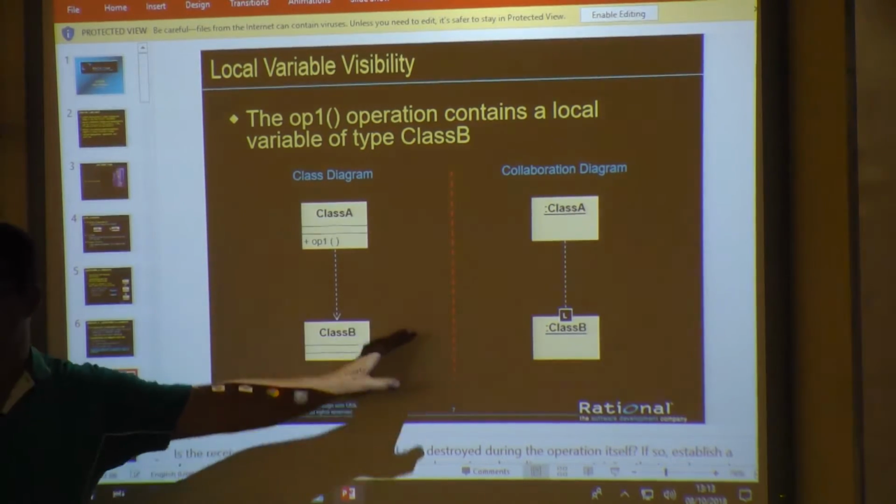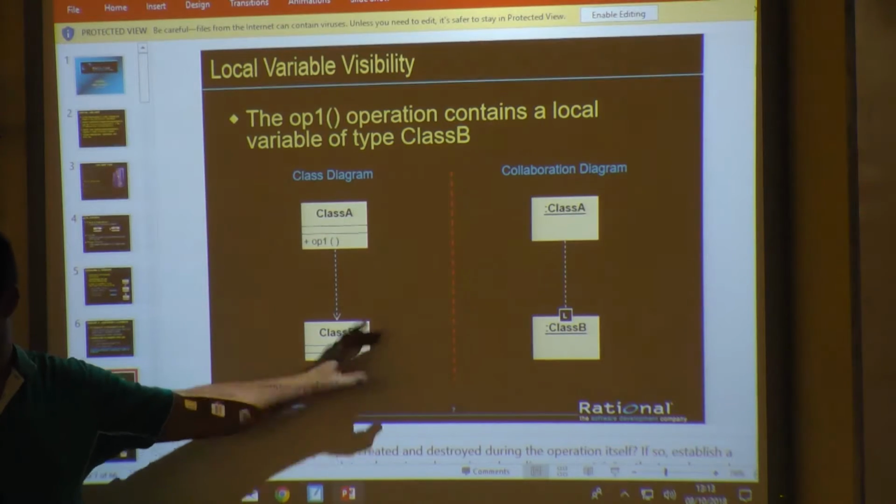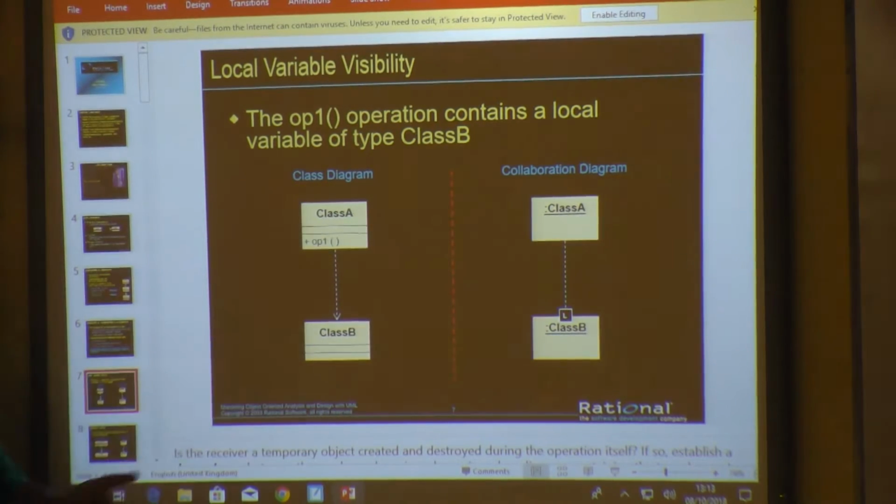But if I change this class, is it going to have an effect on the object? If I change the structure, is it going to have an effect on the object?